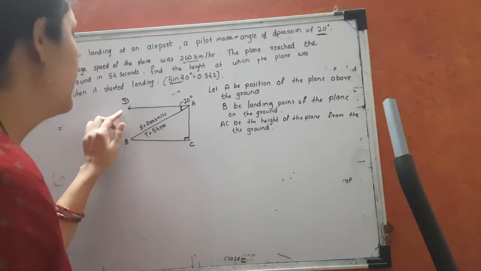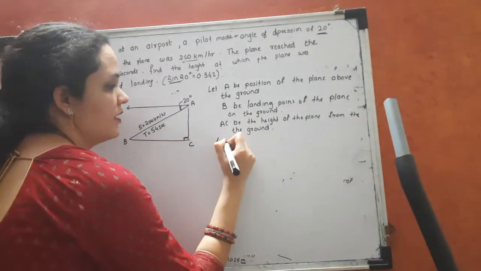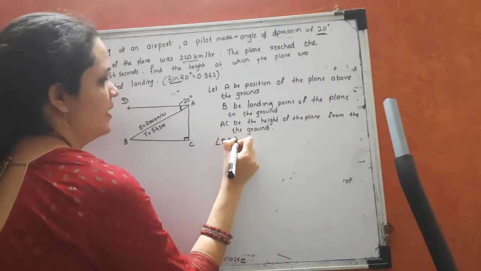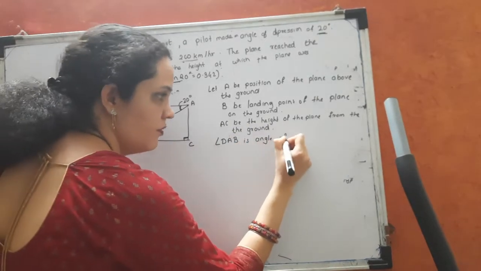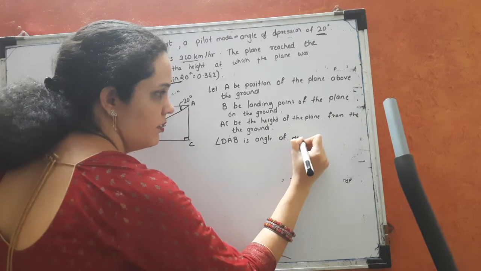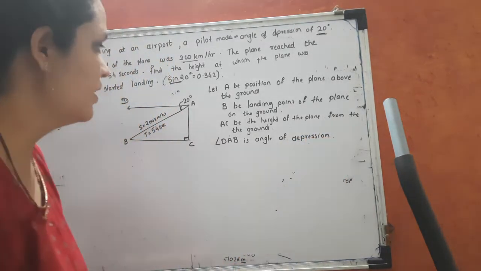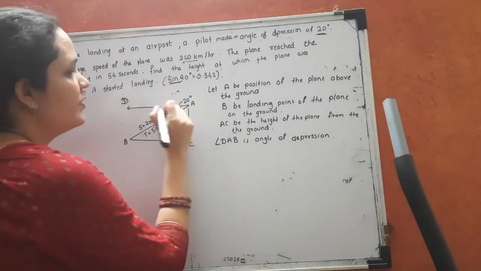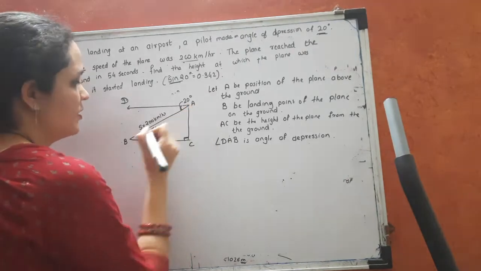And angle DAB is nothing but the angle of depression. So angle DAB is the angle of depression, and this value is 20 degrees. This angle is equal to this angle.